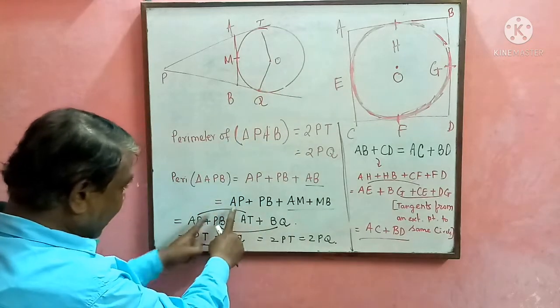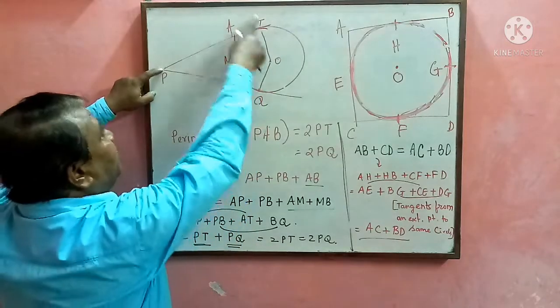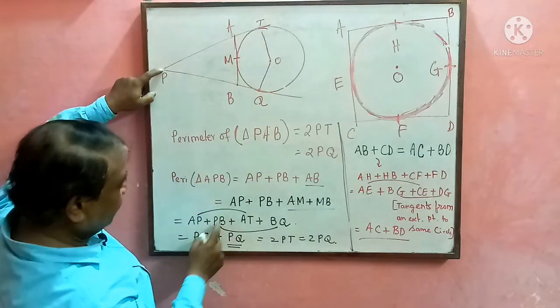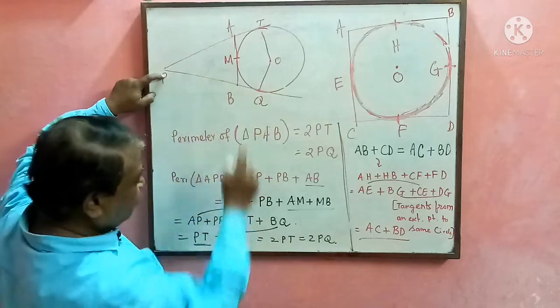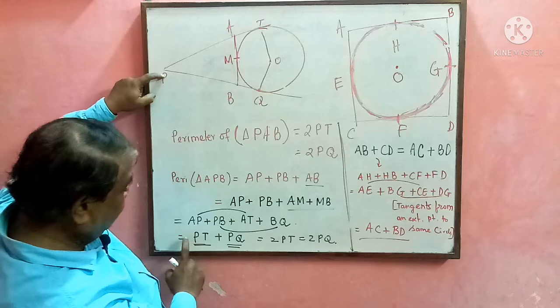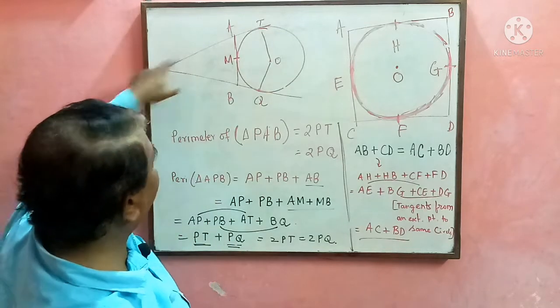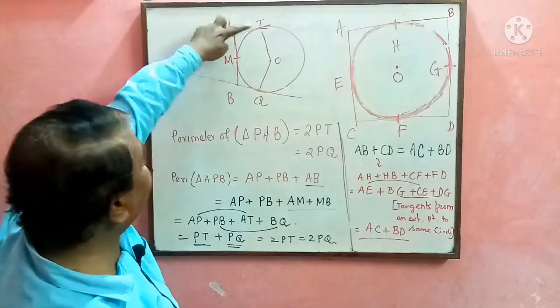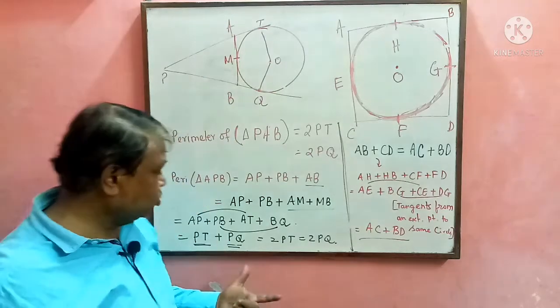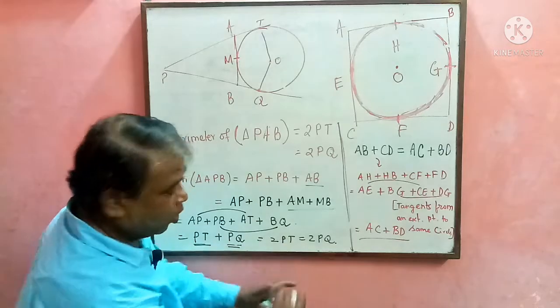Now, if we add AP plus AT, this will be PT. And if we add PB plus BQ, this will be PQ. So, the perimeter is PT plus PQ. Now, PT and PQ both are equal. So, PT plus PQ is either 2PT or 2PQ.